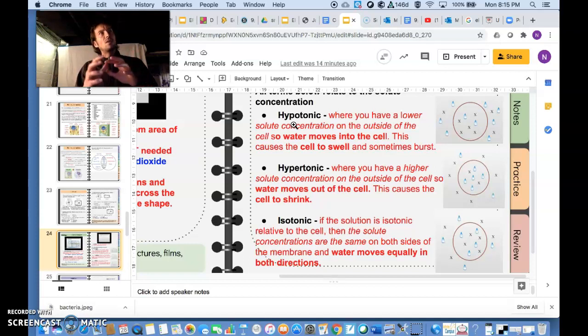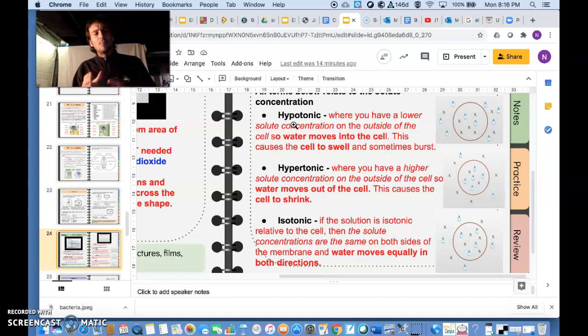So in other words, we're surrounding the cell with more pure water than is inside the cell. And because of that, water is going to do what? It's going to diffuse into the cell, because water is highly concentrated outside the cell. Imagine you just drank distilled water, and less concentrated inside the cell. So what's water going to do? It's going to move in.